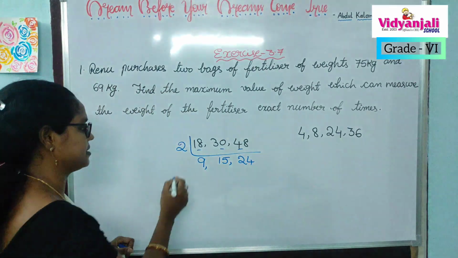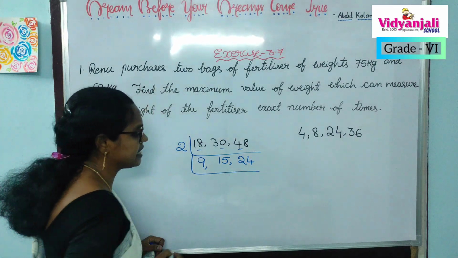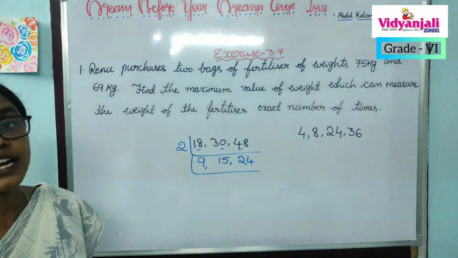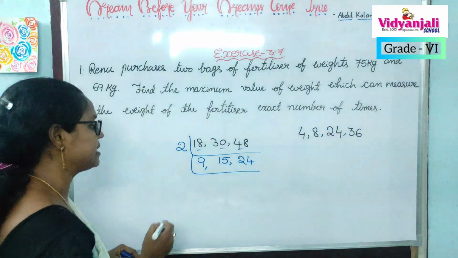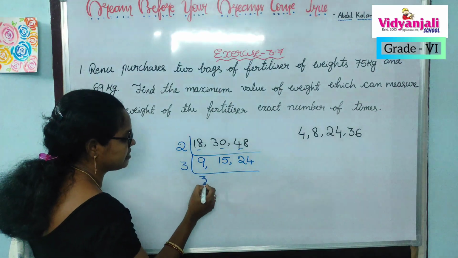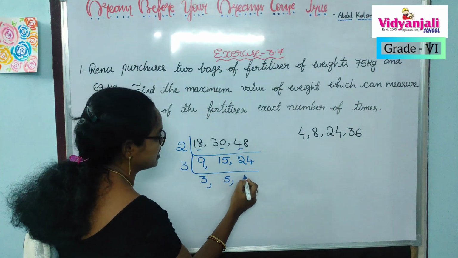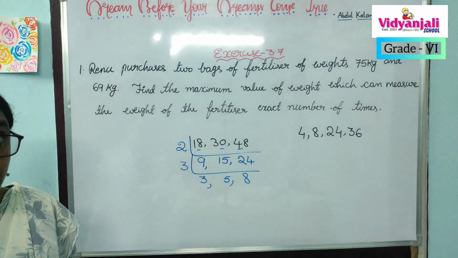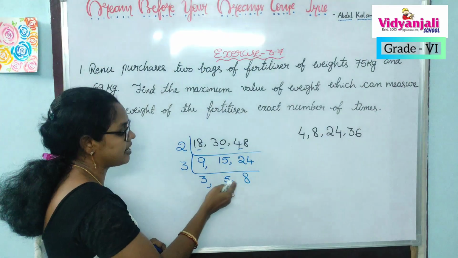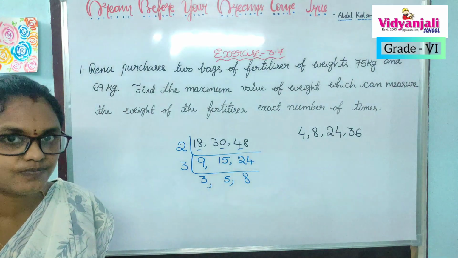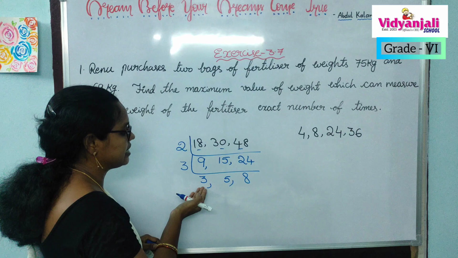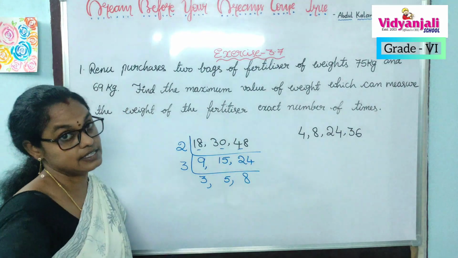Next, identify, children, in which table we get 9, 15 and 24. Yes, 3 table. 3 3s are 9, 3 5s are 15, 3 8s are 24. Now, in which table will we get 3, 5, 8? In no table, right? In any table we won't get these 3 numbers.